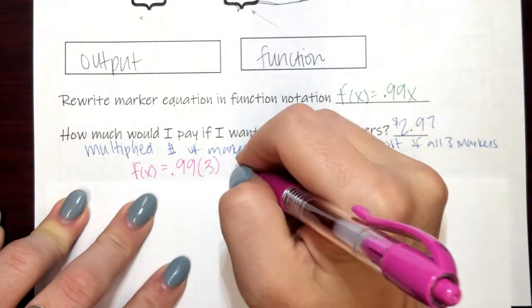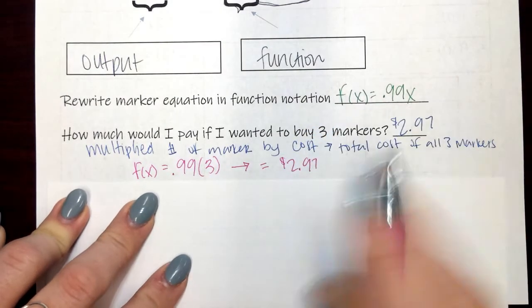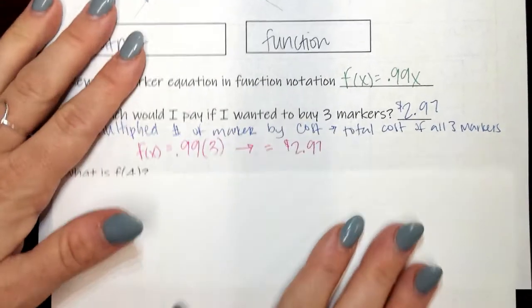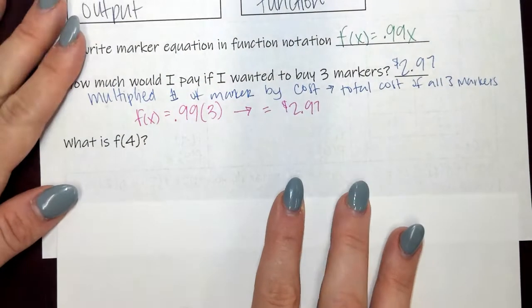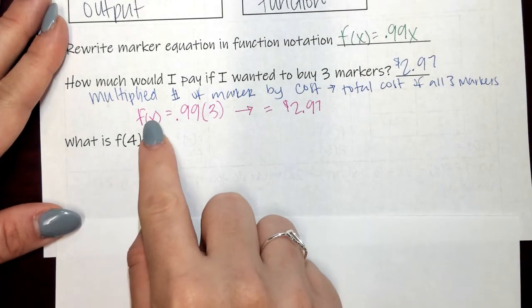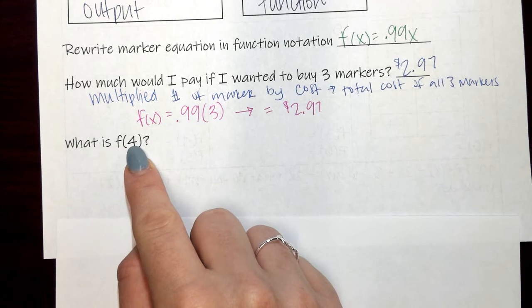Then when we do that math, that equals $2.97. So if we wanted to buy 4 markers, we would do the same thing. You'll see it noted here. You see how the x is replaced with a 4?